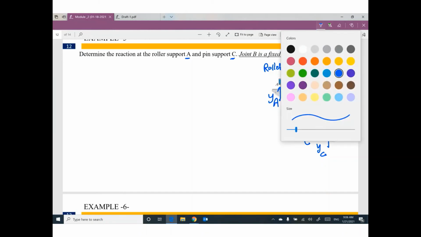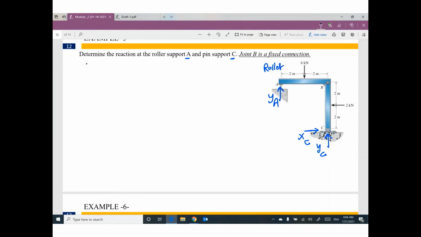We have three equilibrium equations. Summation Fx equals 0. What do you have in the x direction? Positive XC, negative 2 equals 0.